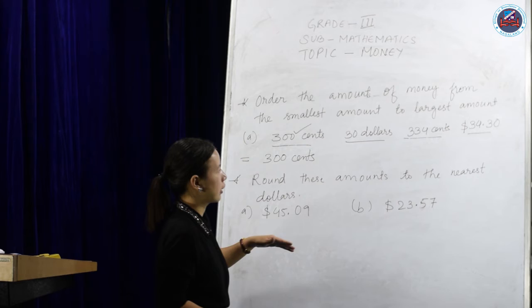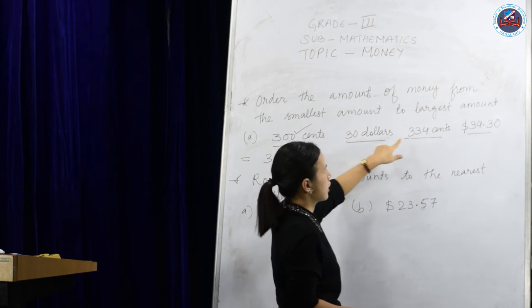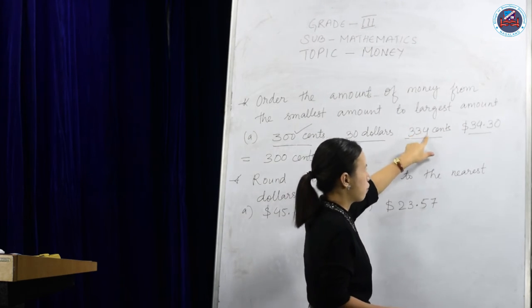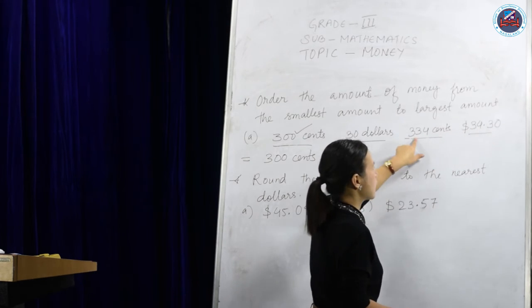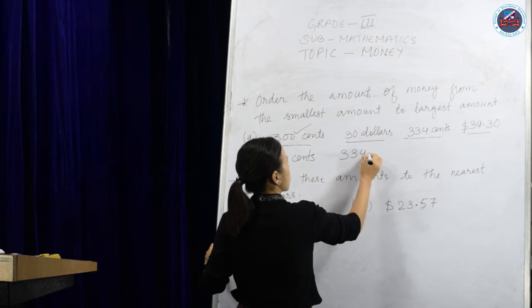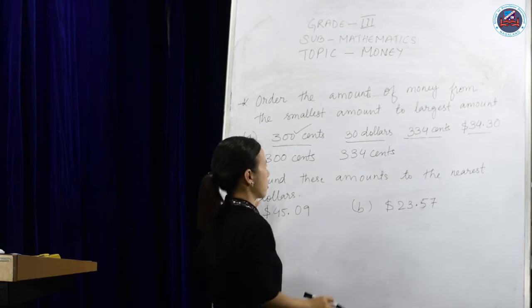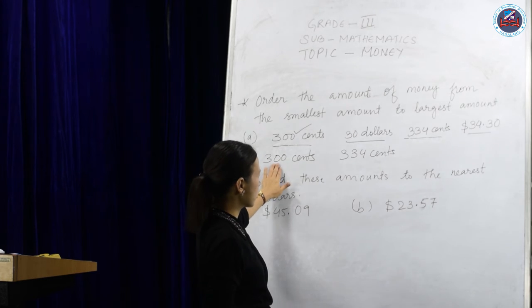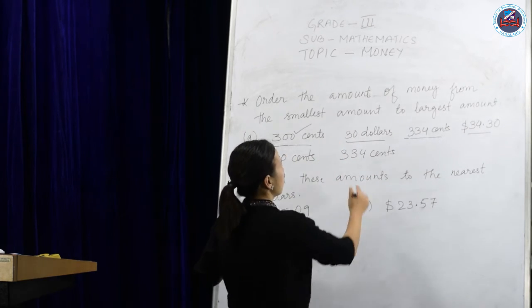And the second one, which one is the smallest? This one is for $30. This is $3.34, and this is $34.30. That means this is smaller. So we will write this amount here, 334 cents. That will be read as $3.34, right? $3, and the next one is $3.34, and next one will come this one.